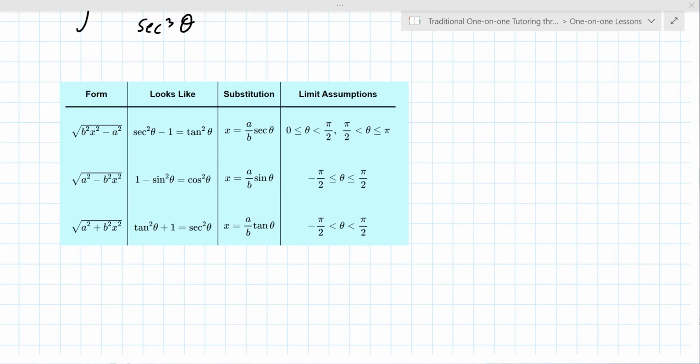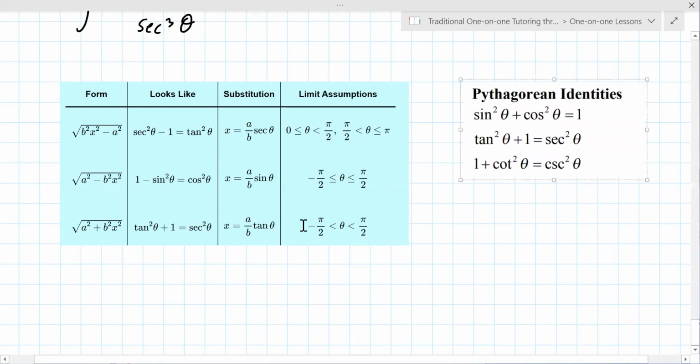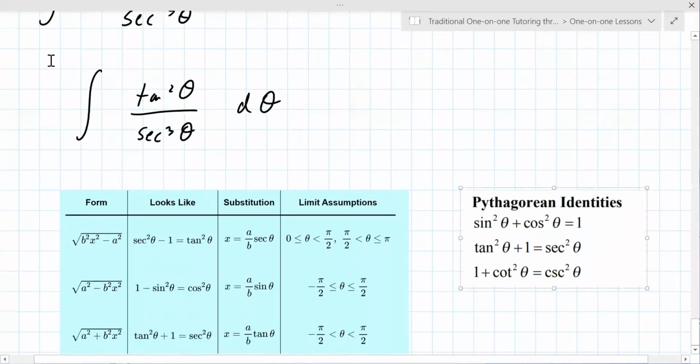They go hand in hand, one goes with the other. If you're doing a secant squared one, you're going to end up using the second one here. If you're using the sine one, you're going to use the first one, and so on. Then the question is, how do you do this?